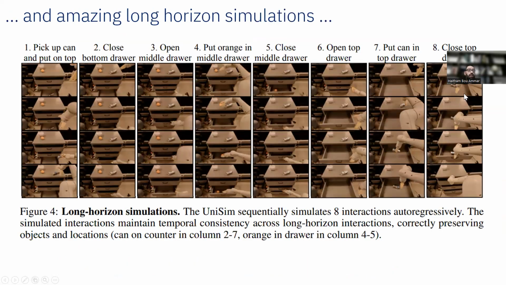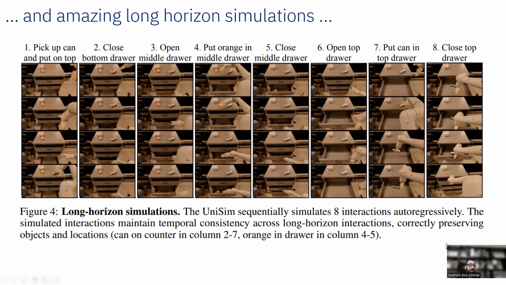They can also simulate long horizon things in this autoregressive manner that we described before from your diffusion model. So what you could do is, for example, say the first thing I'm going to do is pick up a can and put it on top, right? So that's the first thing I am going to do. Then I take this observation and follow that by another textual action, like close the bottom drawer, right?